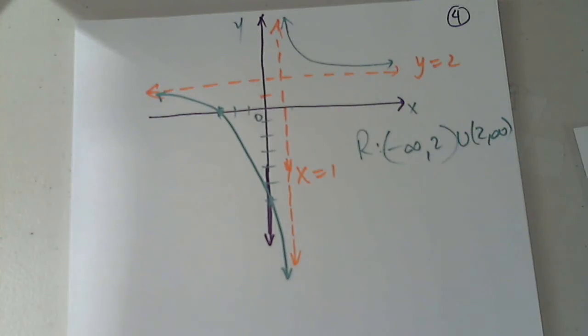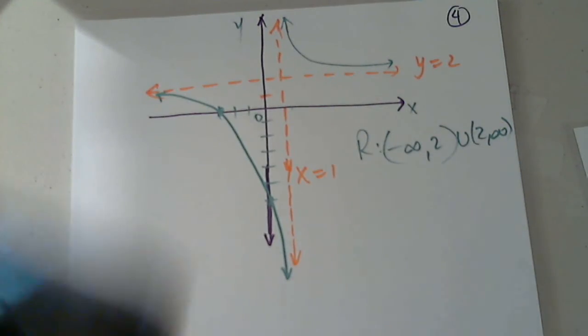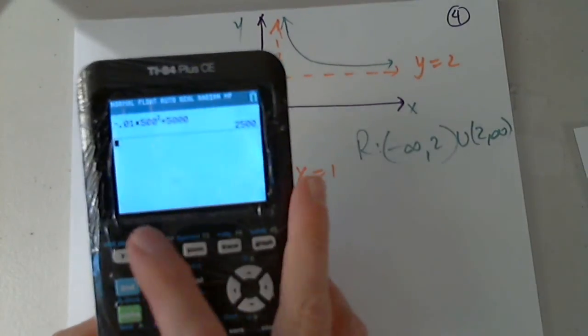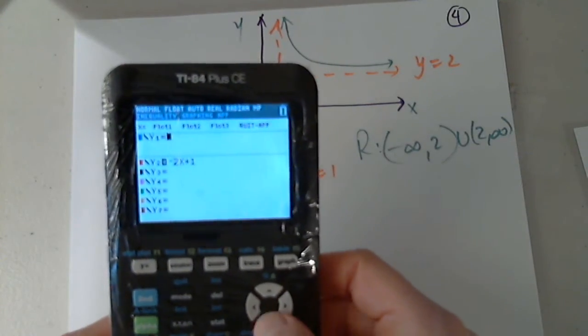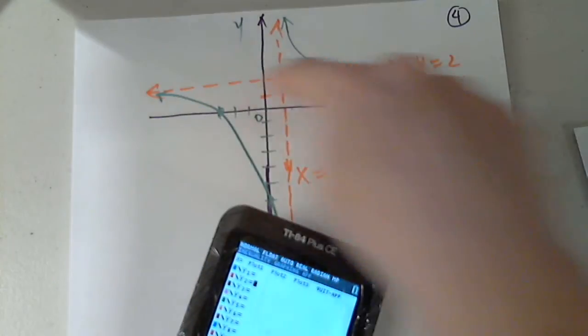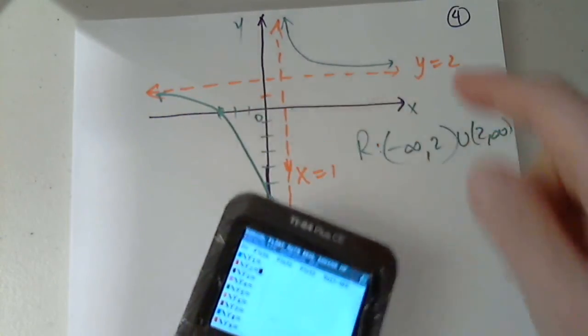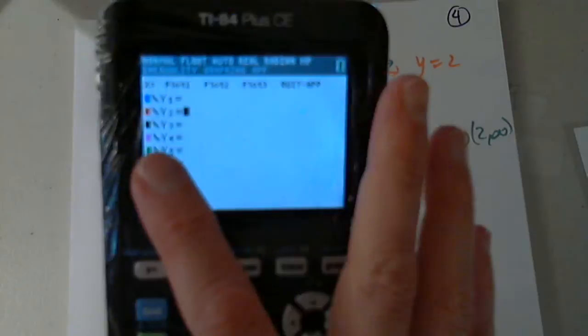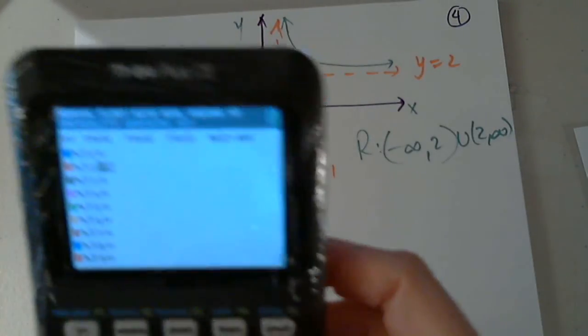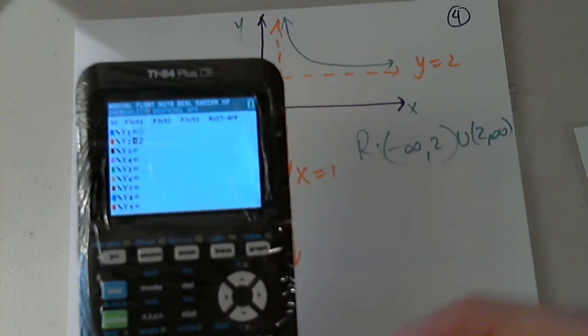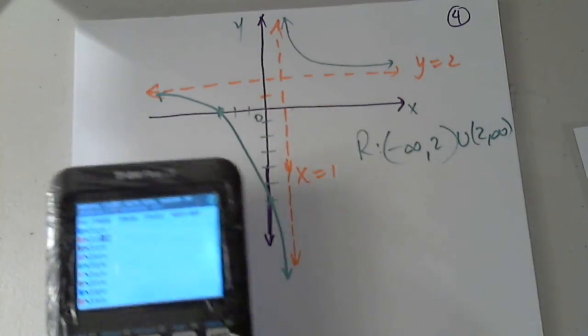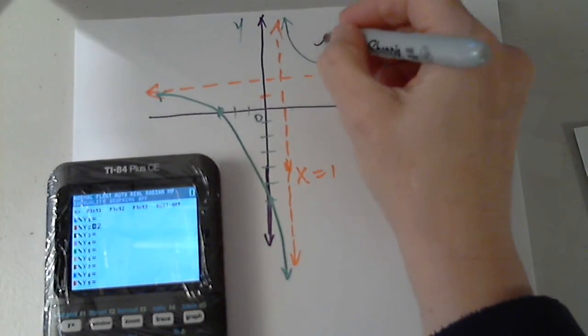Any questions? Yes, you can always check with the graphing calculator. In y equals, clear everything you have. Don't forget the calculator does not know to put in y equals 2 by itself, so I'm going to put it in y2. I'm going to put 2, and in y1, I will put, careful, parentheses. And I should always write the function.